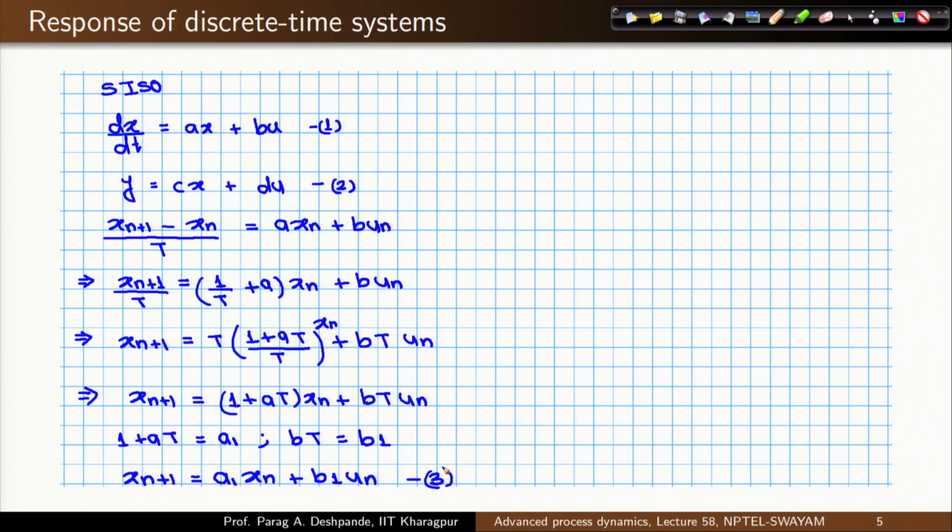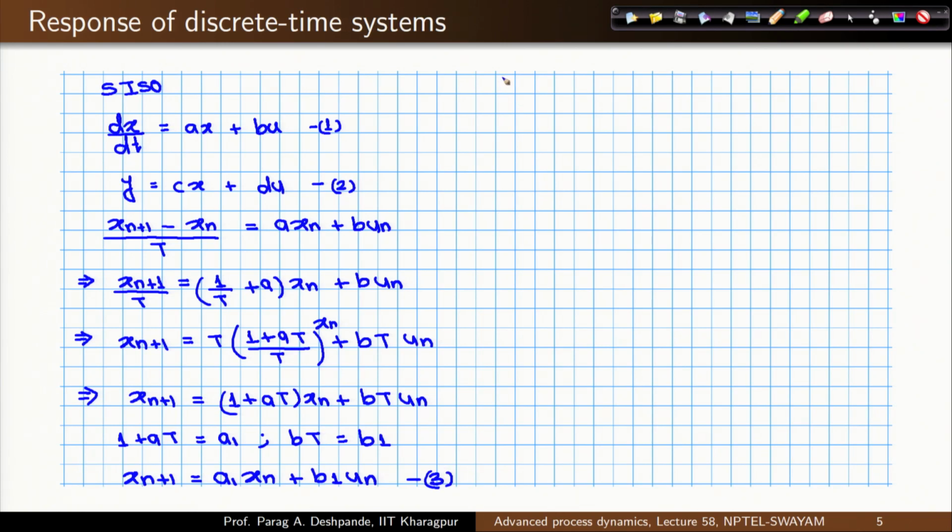And what is the meaning of equation 3? If you know x_n, the value of the dynamical variable at any instant of time with an index n, and the corresponding value of the input function at the same instant, then the value of the dynamical variable at the next instant would be x_{n+1} = A1, a constant, times x_n plus B1, another constant, times u_n.